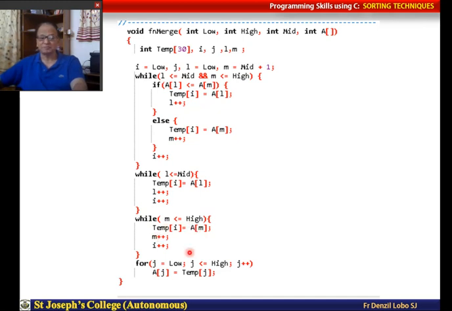Then the temporary array contains these numbers in ascending order. You copy those numbers again to the original list here, from low to high. Therefore, once you do the merge here, automatically the original array will contain the numbers in ascending order.